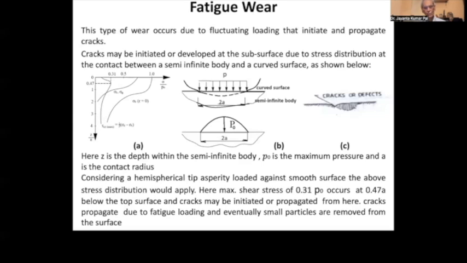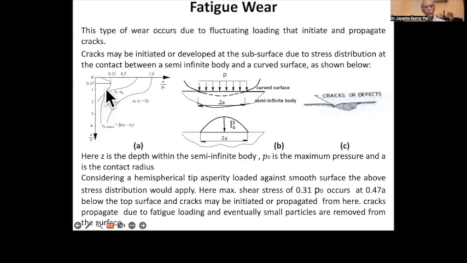And the y-axis is a by z. That means they are non-dimensionalized stress against non-dimensionalized depth.